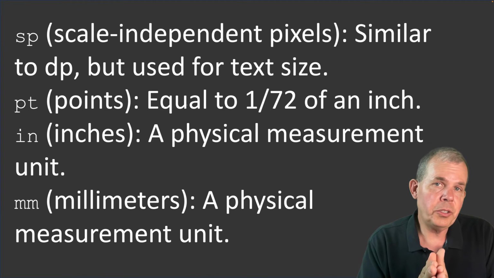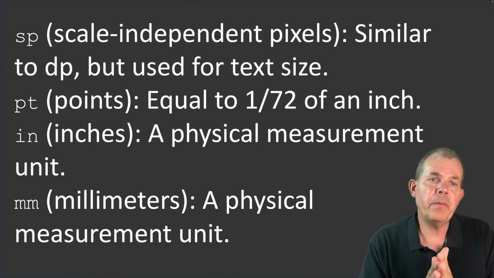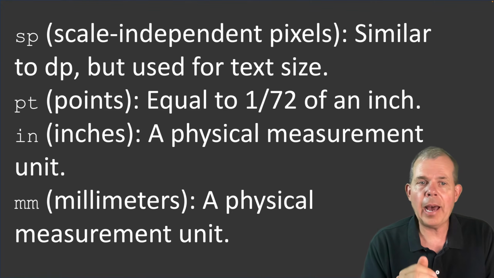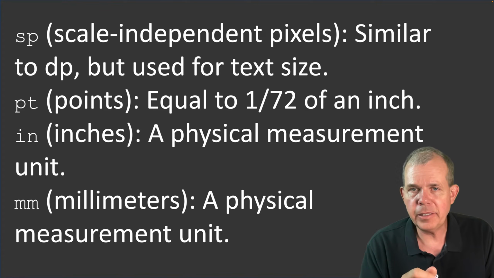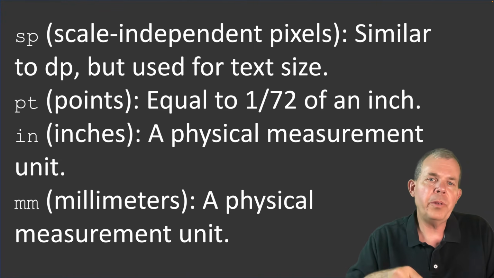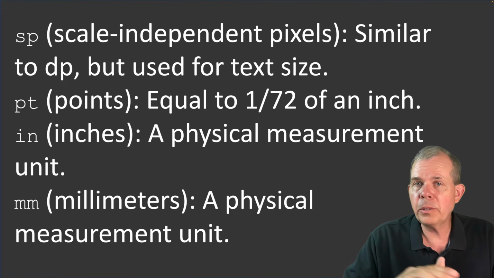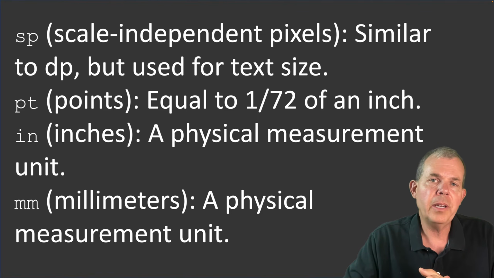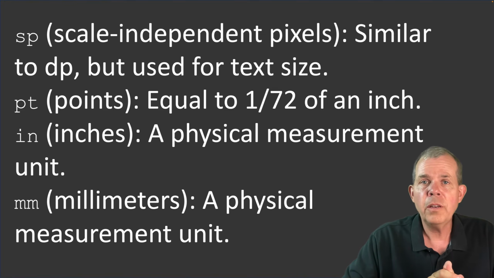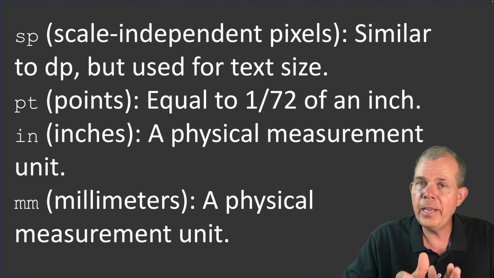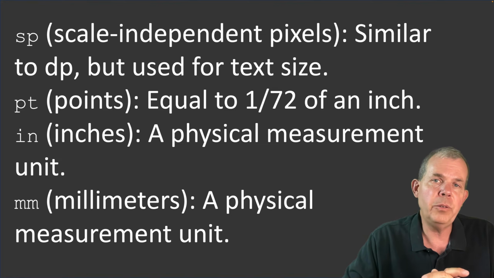In addition to density pixels, you're also going to find SP, PT, IN, and MM as different units. You can see the definitions here. We're going to continue to use density pixels, or DPs, for most of our work, but you'll see these in some of your examples if you're doing Google searches for how to manage the size of items on your Android UI.